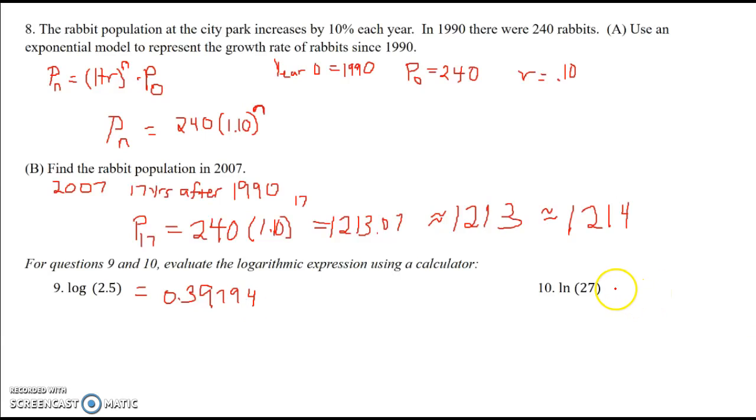And then when I put ln 27 in the calculator, I get 3.29584. So as long as you have your calculator, you'll be able to do those two.